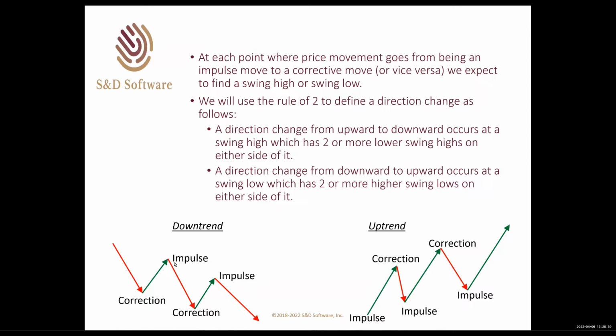And then for the other case, where price is moving down and it transitions to moving up, again, we're going to look for the equivalent, which is going to be a swing low with two or more higher swing lows on either side of it. So that gives us a very nice objective way to find the start and end for these impulse moves.